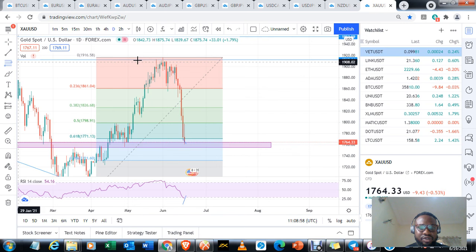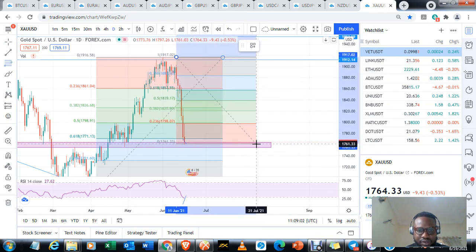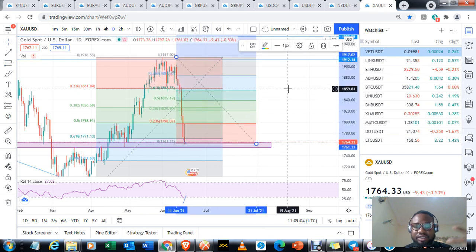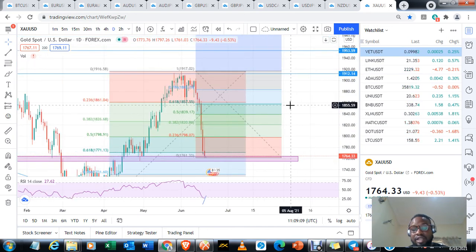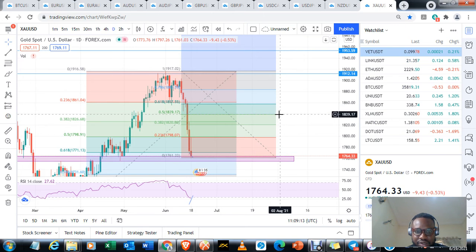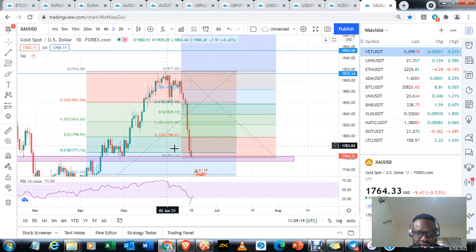So if you use the Fibonacci tool again and take it from this high all the way to this low, like we said, price tends to retrace back to the 61.8 level. That's like the strongest Fibonacci level. But price can also retrace to the 50%, that is here, 0.5, to the 38%, that is here, or even to the 23%, which is here.